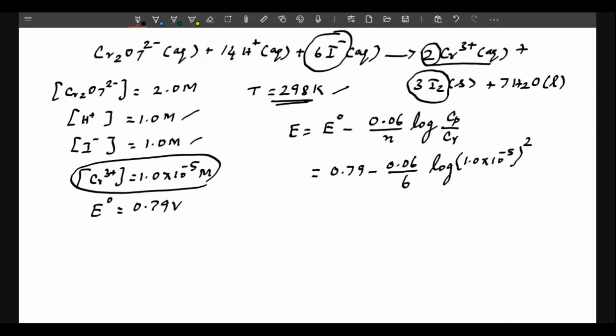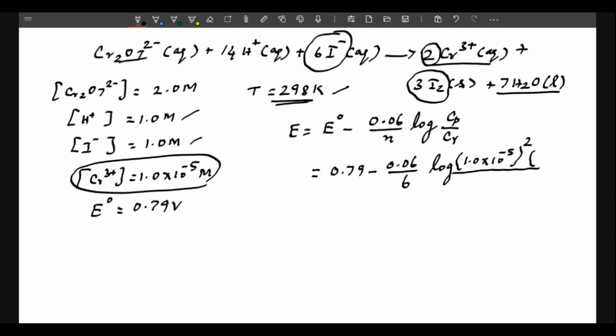Iodine is a product, but it is in the solid state, its activity is equal to 1. And water, a pure liquid, is present. Once again, for pure liquid or solid state, we take the activity as 1. Therefore, no concentration term is available on the product side, divided by the reactant side.